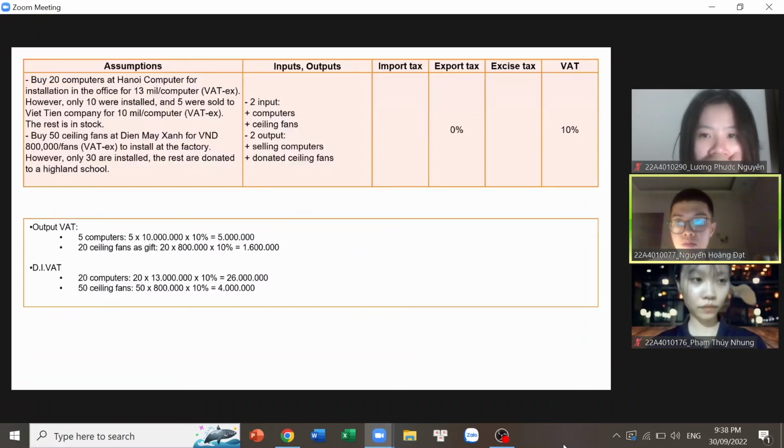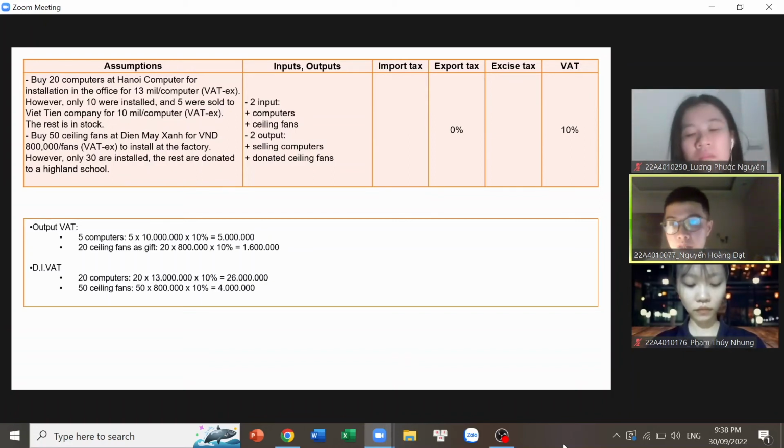Okay, and the next assumption, we buy 20 computers at Hanoi Computer, but only 10 computers were installed and 5 computers were sold to a Vietnamese company. The rest are installed. After that, we buy 50 ceiling fans at Điện Máy Xanh, however only 30 are installed.